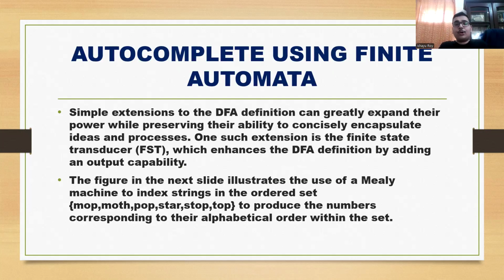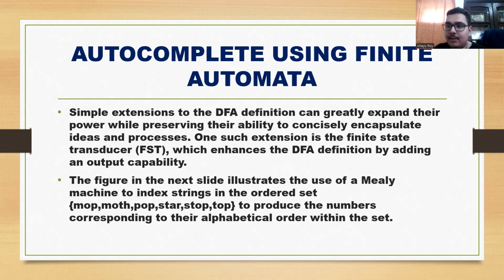Next up, we have auto-completion using the finite automata. So coming up to what is auto-completion, we see it every day. Open WhatsApp, open the net, and you are typing. Suppose you want to type beautiful, type BEA, and it shows up in the option beautiful, and you click on it and it gets filled up.